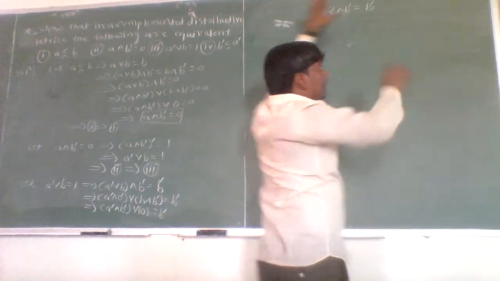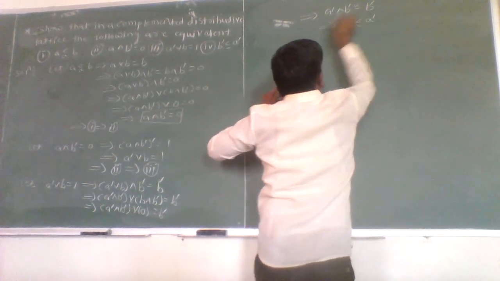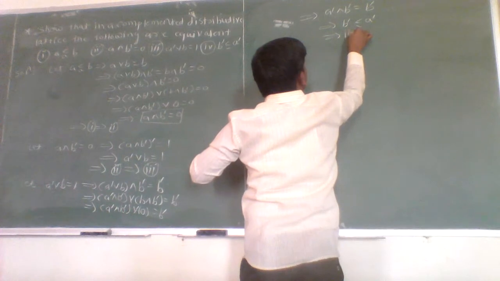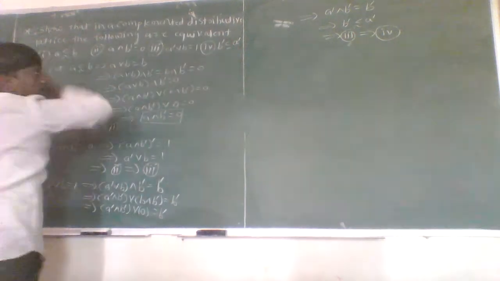According to the definition of precedes relation, this must imply that B dash precedes A dash. Therefore, 3 implies 4.